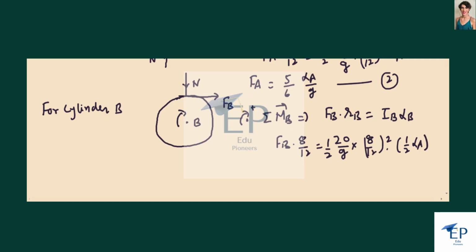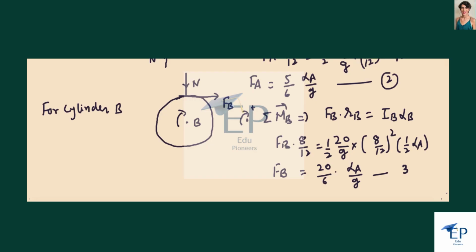So on solving it, this would be written as 8 by 12 whole square. So on solving it, this equation will give you force on B to be 20 by 6 alpha A divided by acceleration due to gravity.